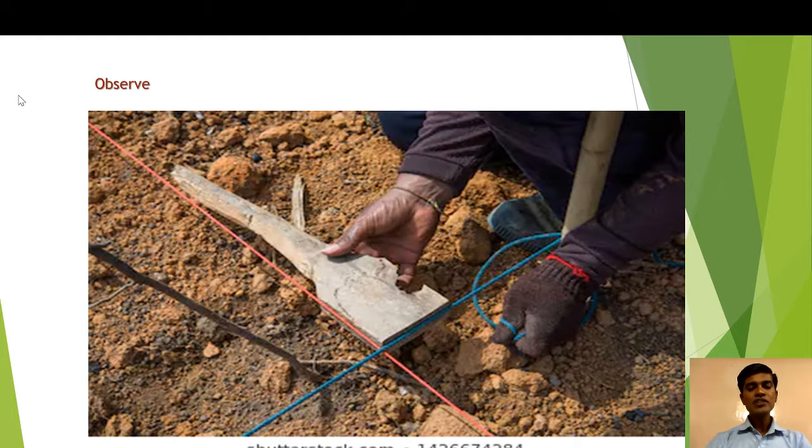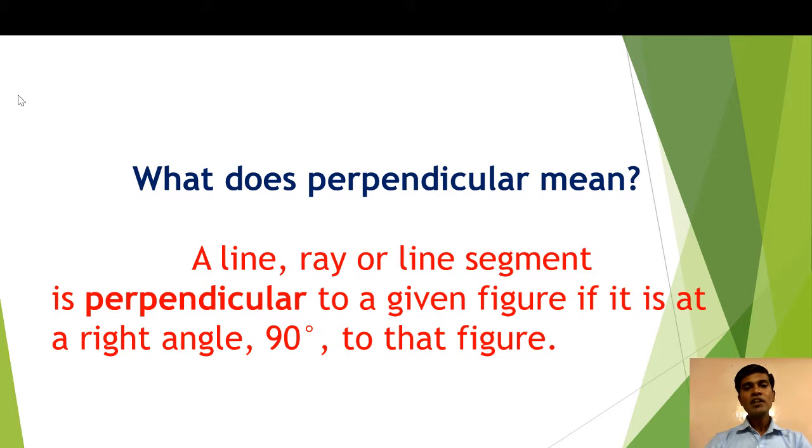So combining these two concepts of bisecting and intersecting at a right angle, we can understand what exactly the perpendicular bisector of a segment is. What does perpendicular mean? A line, ray or line segment is perpendicular to a given figure if it is at a right angle, that is 90 degrees, to that figure.